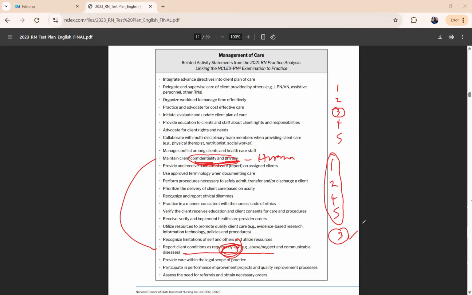Now, a patient might maybe be a new mother who newly gave birth to a child, and then somebody visited the unit and claimed to be a friend, and they are trying to find out information about this new mother. It's the duty of a nurse to keep the information about this new mother confidential, even if the person is claiming to be a friend.